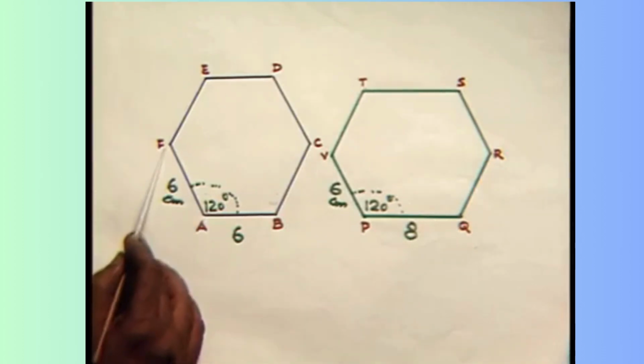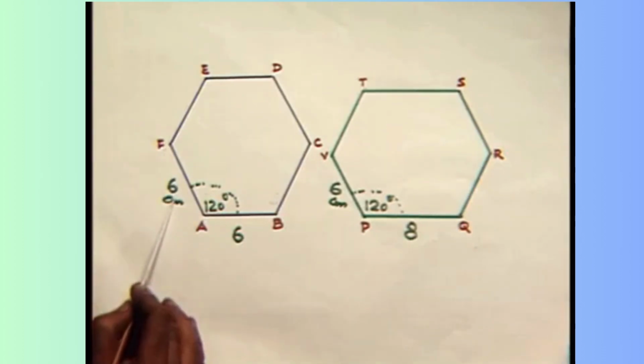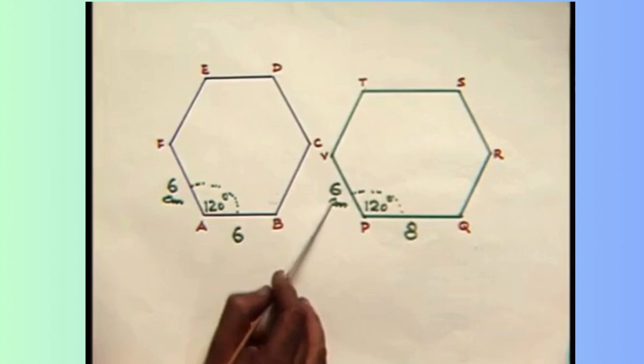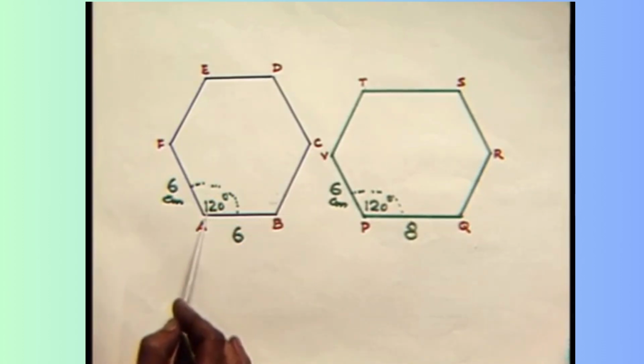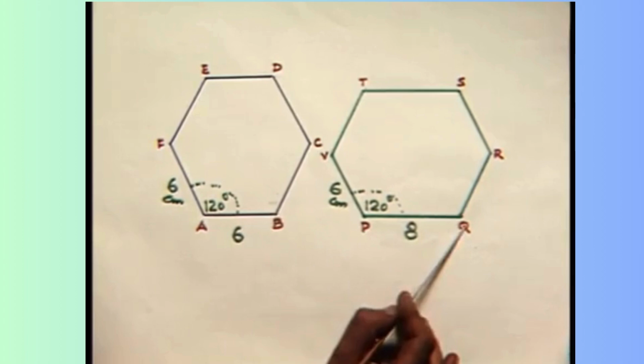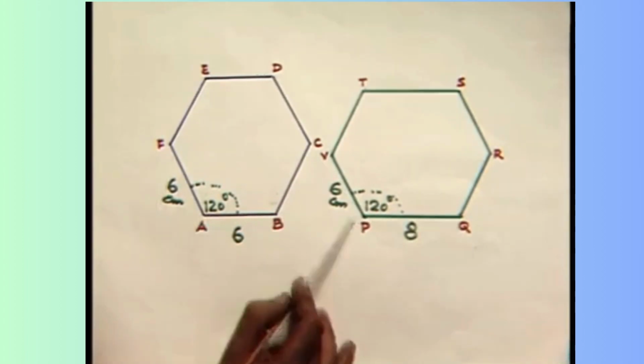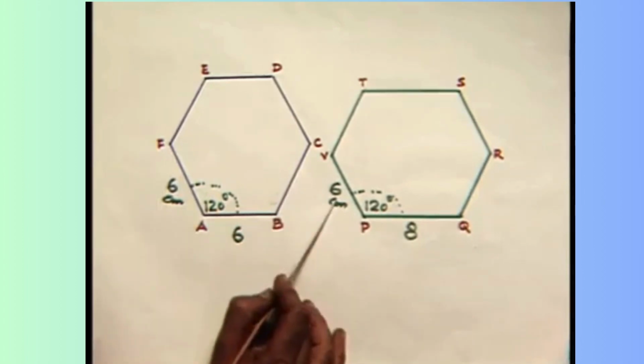The side AF is 6 centimeters and the side PV is 6 centimeters. So, if we take the ratio of side AB to PQ, that is 6:8, but the ratio of side AF to PV is 6:6.